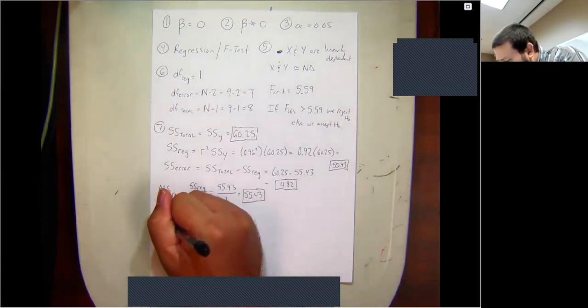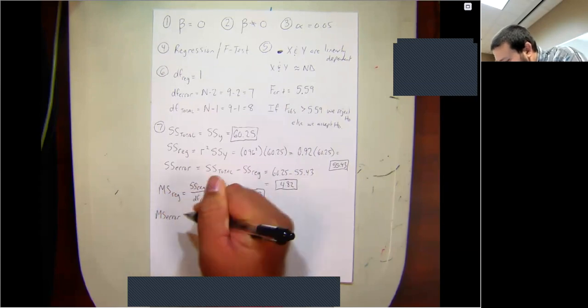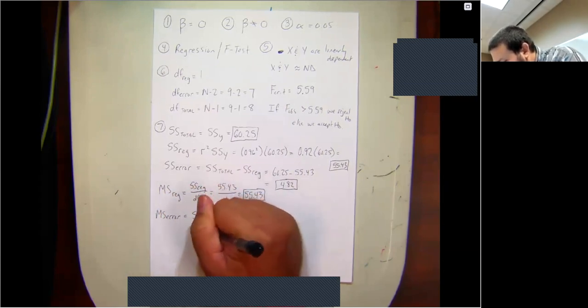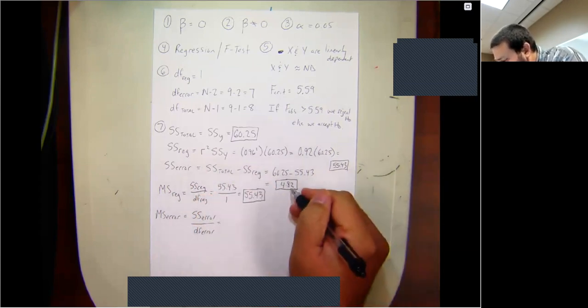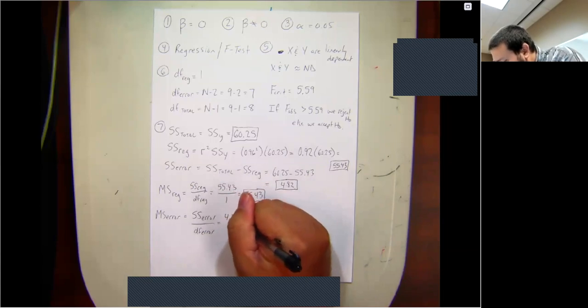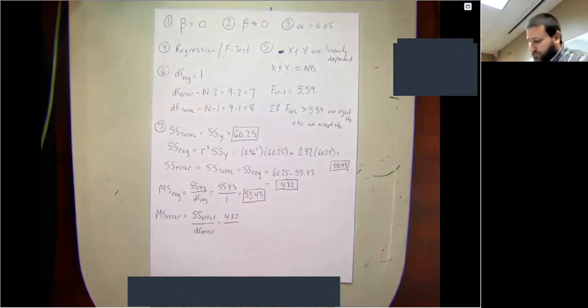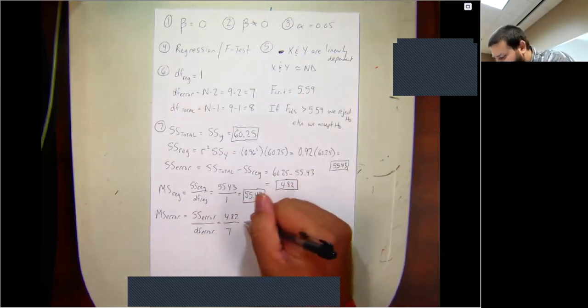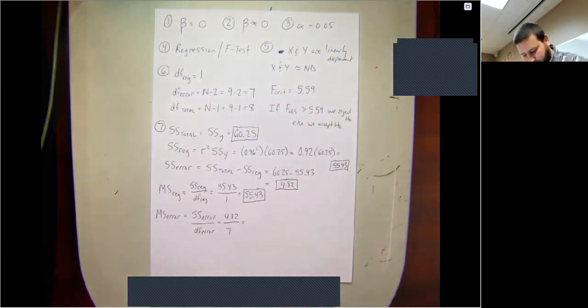Mean square error is equal to sums of squares error over degrees of freedom error. Our sums of squares error is 4.82. Our degrees of freedom error, which we get from step 6, was 7. 4.82 divided by 7 is 0.69.